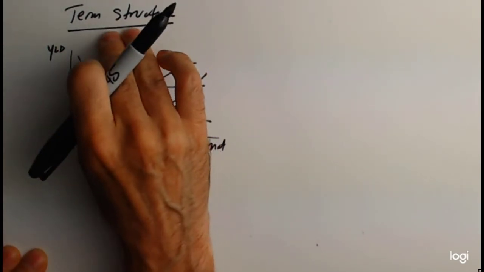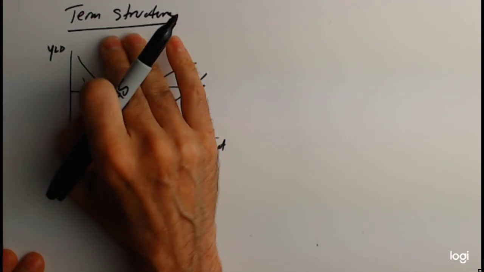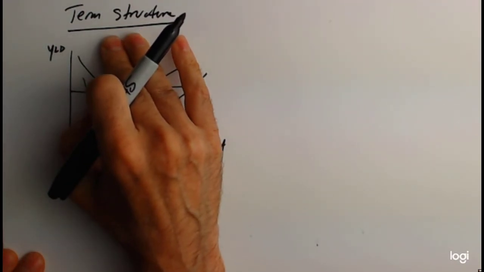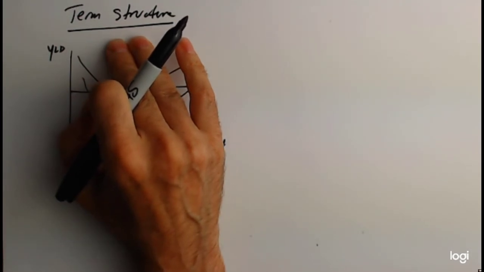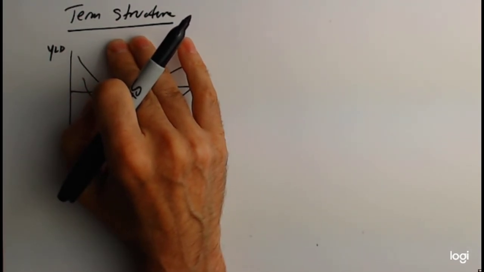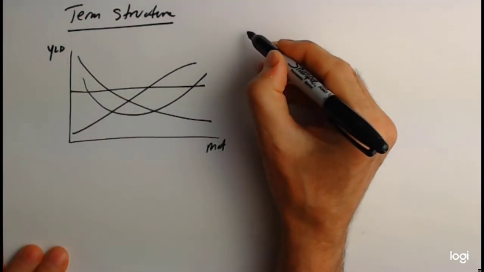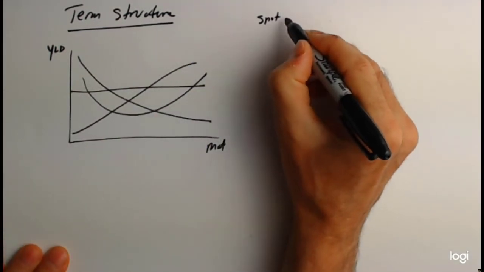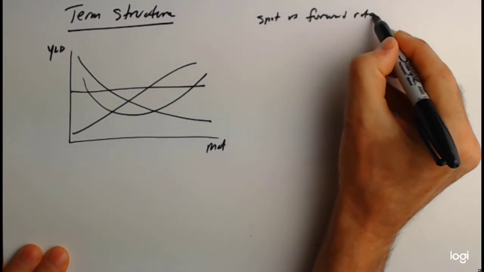Well, that's called term structure. And there are several models to help explain that. We're going to focus on the expectations hypothesis, because the expectations hypothesis is most relevant for what we're trying to analyze here. So before we go into term structure, we need to differentiate between spot versus forward interest rates.